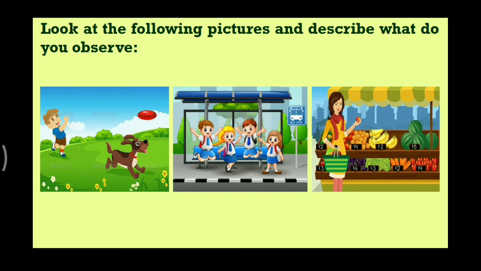I'm giving you some time. Yes, in the first picture, a boy is there and a dog is there and a disc is also there. And it seems that this disc is being thrown by that boy and the dog is chasing this disc, right?